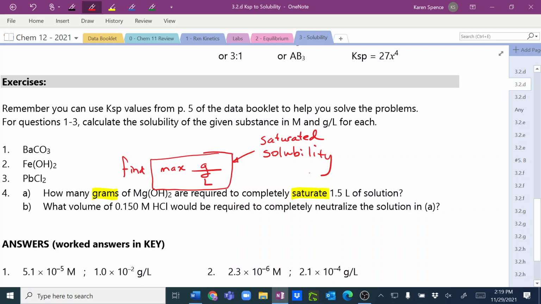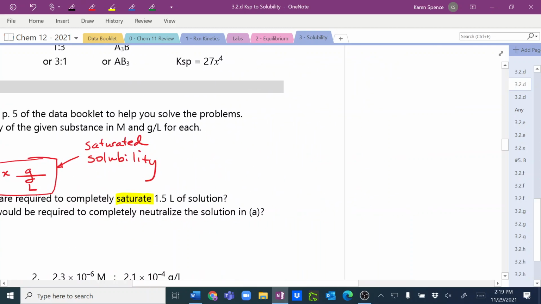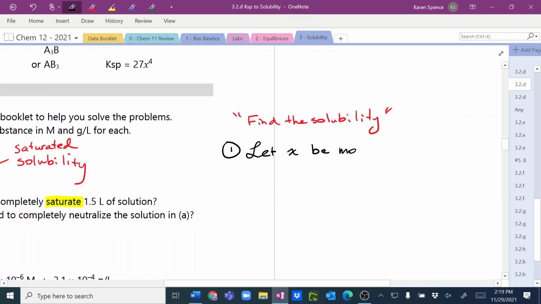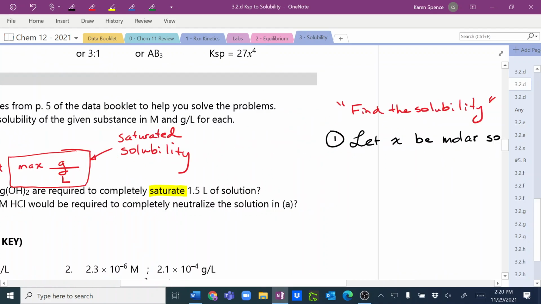Yes? In any question where you are asked to find the solubility, what's the first thing that you do? Let X be the molar solubility of, what was our compound?